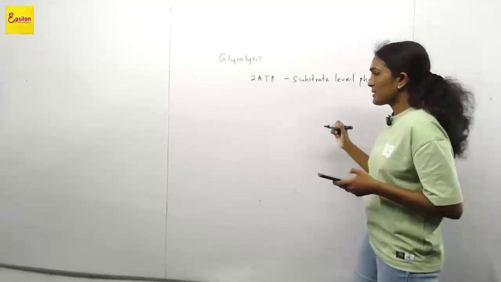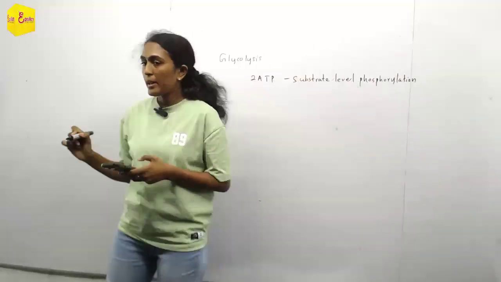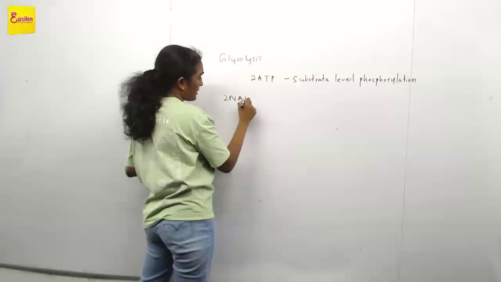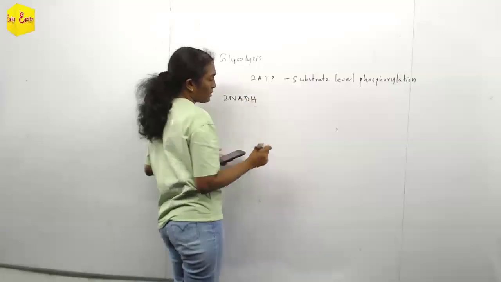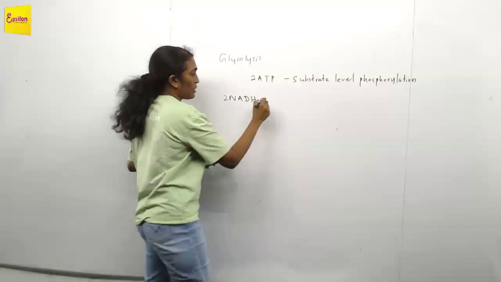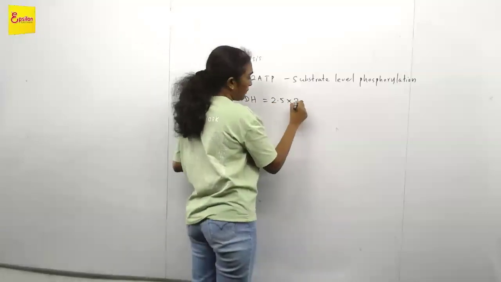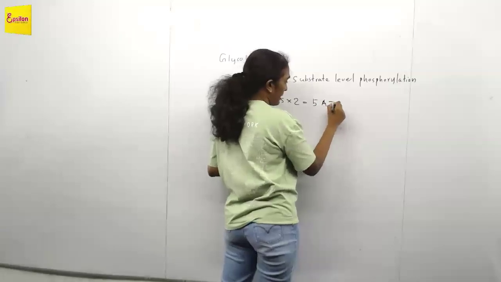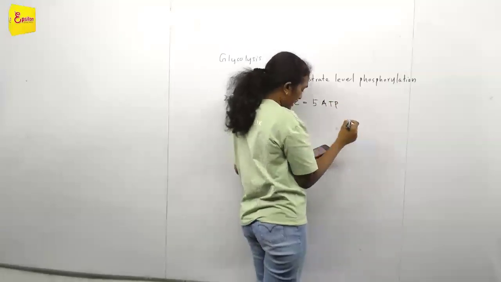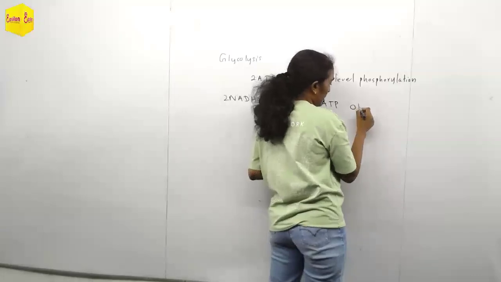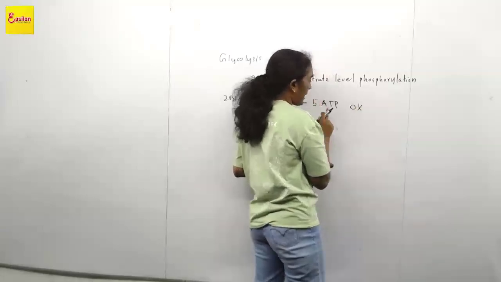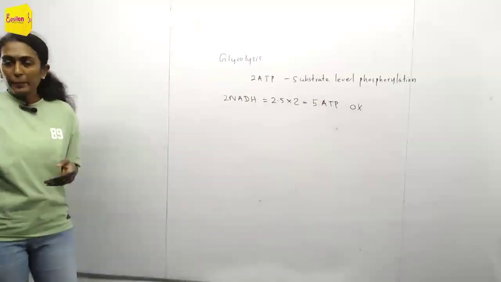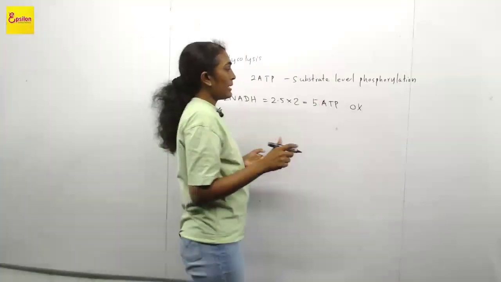Also, glycolysis is producing 2 NADH. So 2.5 into 2 means you will get 5 ATPs from oxidative phosphorylation in the electron transport chain. These ATPs are produced in the electron transport chain, but from the NADH produced here.